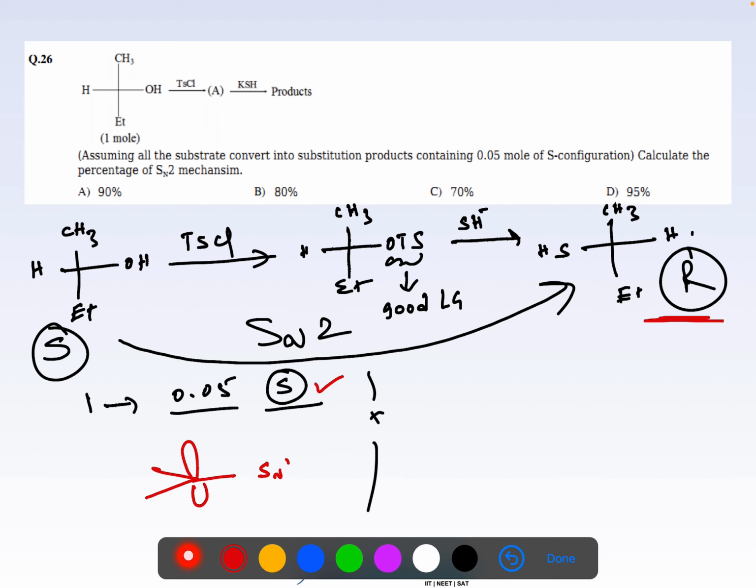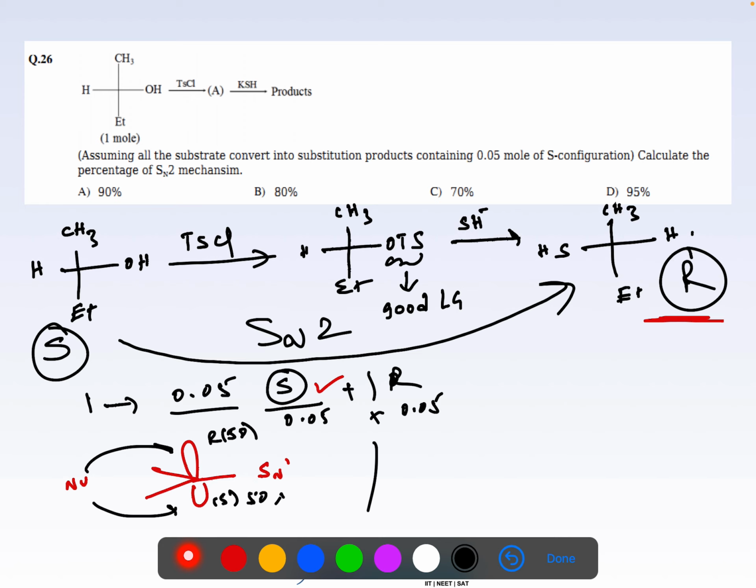In SN1 mechanism, the nucleophile will attack from both the sides. It will give 50% of R and 50% of S. So that means there is 0.05 mole of S, and there is also 0.05 mole of R configuration product.